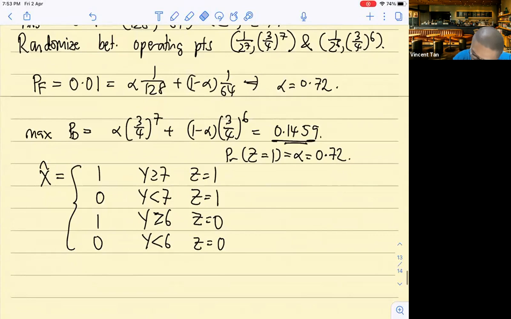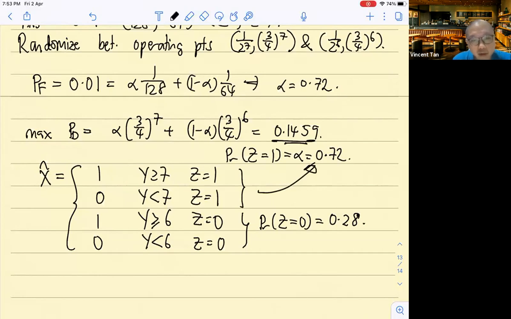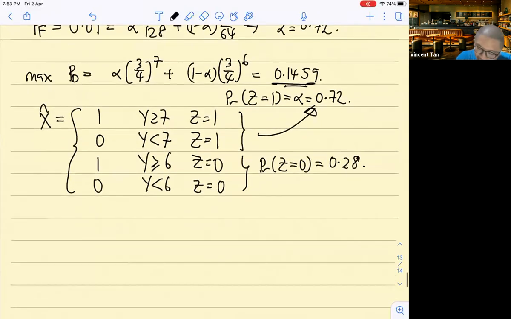This happens with probability z equals 0, which is 28%. Okay, but there's a simpler way to write this.